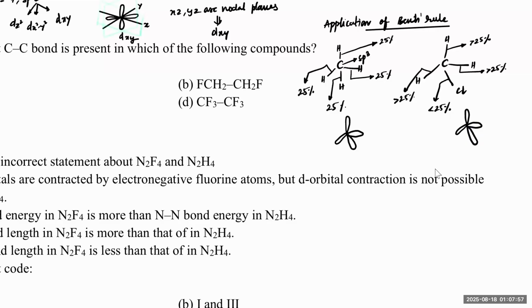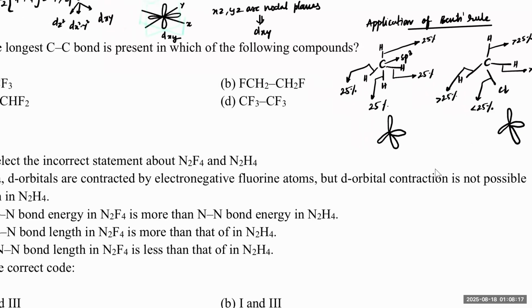Is this making sense, everybody? Now, if the s character increases, what happens to the bond length? It decreases. If the p character increases, what happens to the bond length? It increases. Is that clear, everyone?